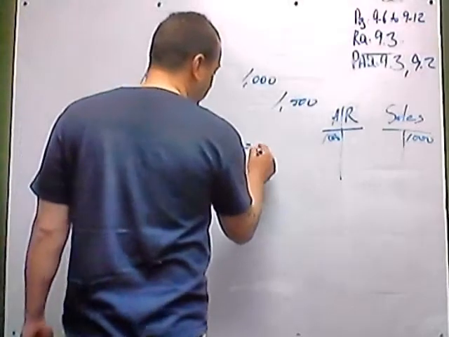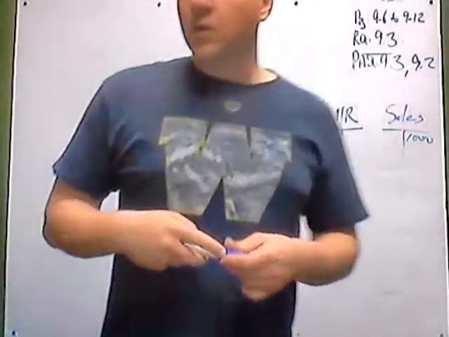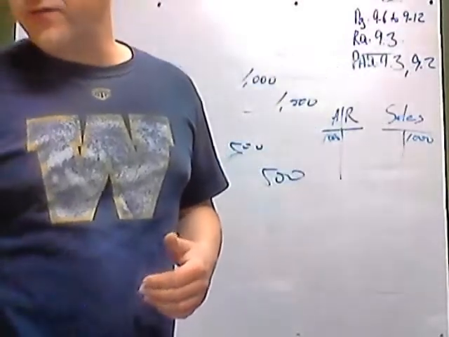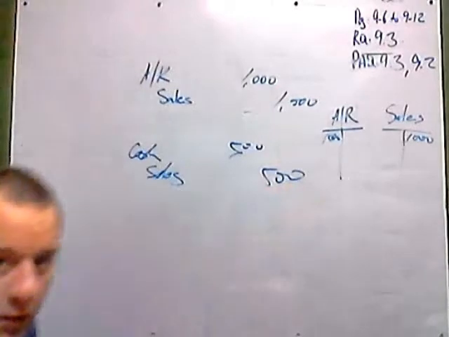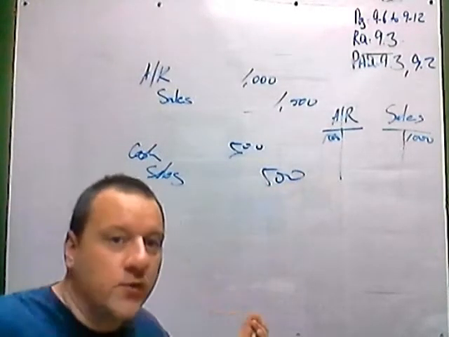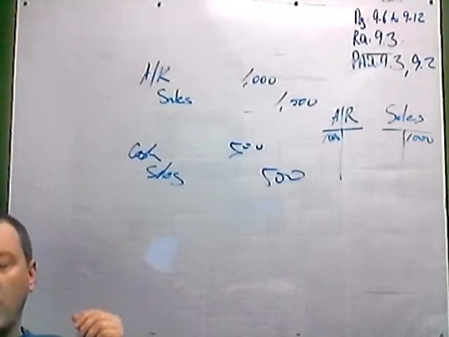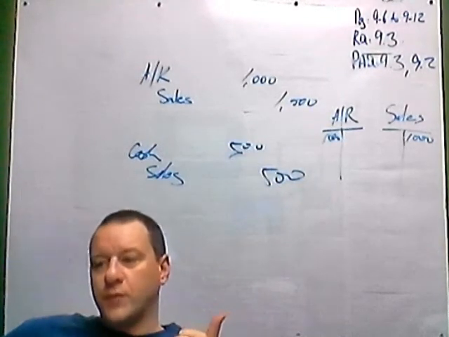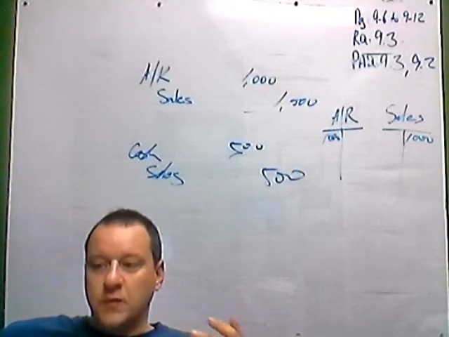Whatever, $500. When we have cash receipts, or cash sales is the best way to put it, why would we have cash sales? I don't know. Maybe it's a one-time customer, or maybe they don't have good credit. So it involves receiving the cash, depositing the cash in the bank, and recording a receipt.